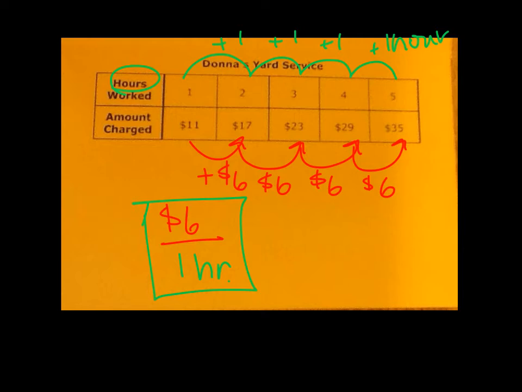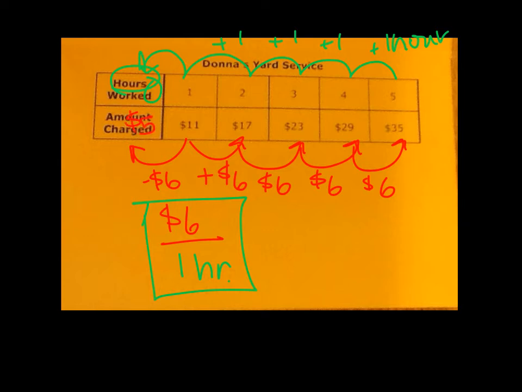If I were even to look, though, and scale backwards, so if I were to subtract $6 and find out how much it's going to be if I essentially hired her but said, oh, but actually today I don't need anything done, she is going to charge me $5 no matter what.